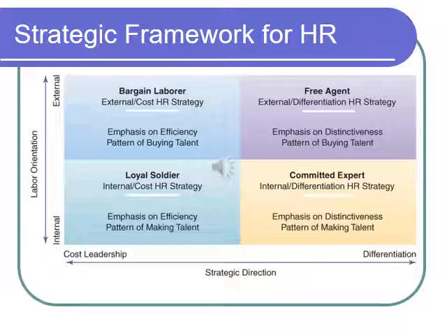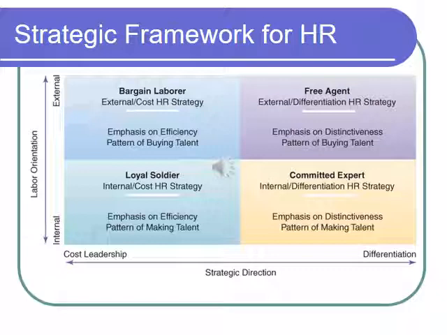So, if you follow cost leadership in competition and you have internal labor orientation, you are in the first quadrant. You have the loyal soldier human resource management strategy. If you have differentiation competitive strategy and also internal labor orientation, you have the committed expert human resource management strategy.